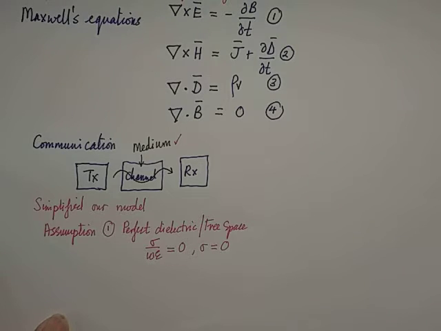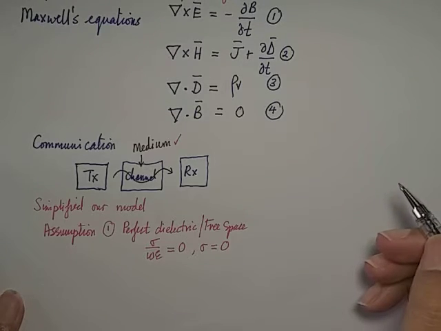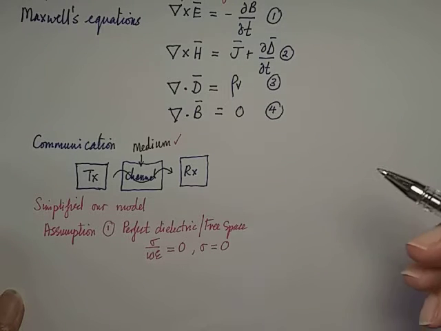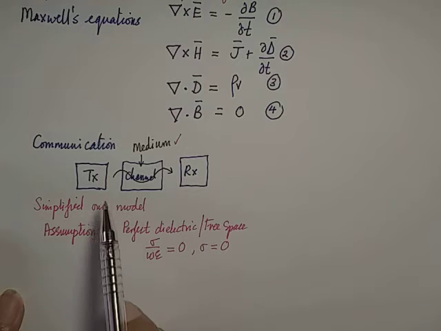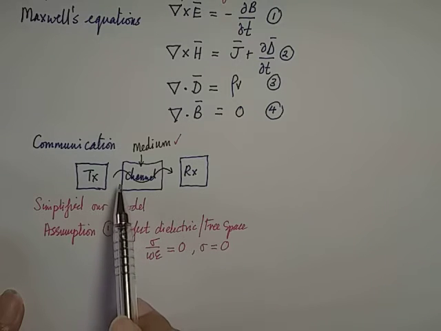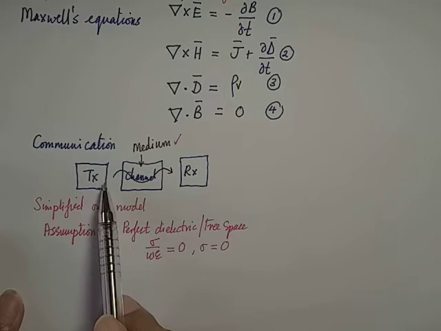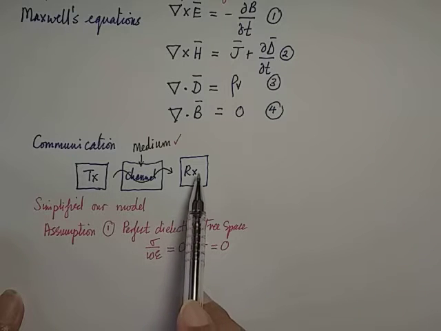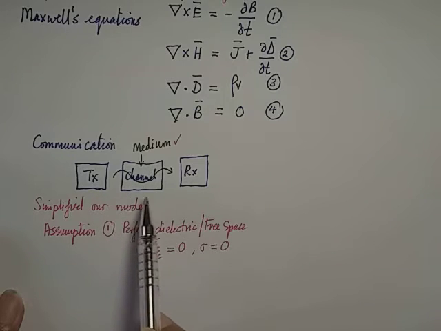Okay, and then the second issue that we always have to look into in a communication system is the noise. When a signal is transmitted from the transmitter to the receiver, there is always noise included in the signal.